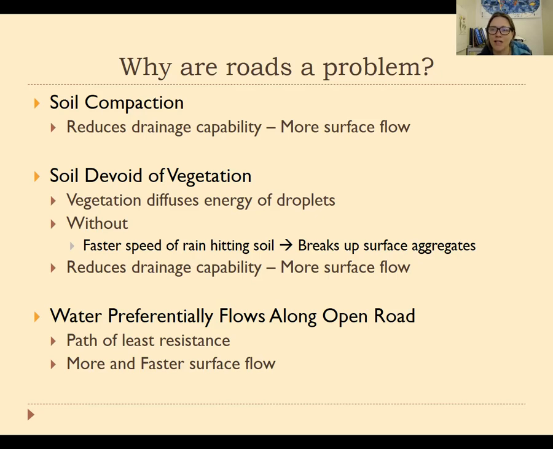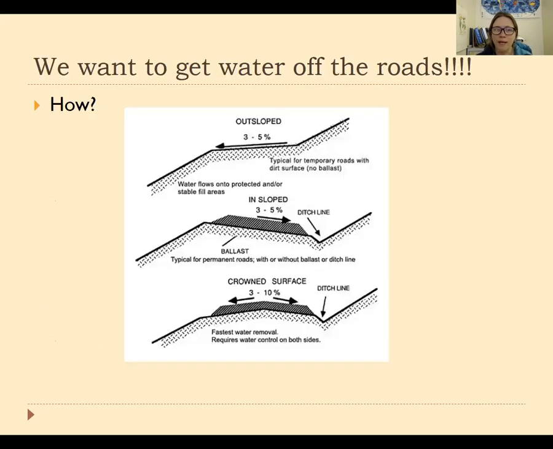And so as we have these exposed areas, water is going to preferentially flow along these undisrupted flat surfaces. And they're going to pick up speed. And as they pick up speed and pick up volume, they're going to be able to do even more damage. And so it's not surprising that we get sheet flow across roads and rills across roads, and then big gullies cut into roads that aren't built properly.